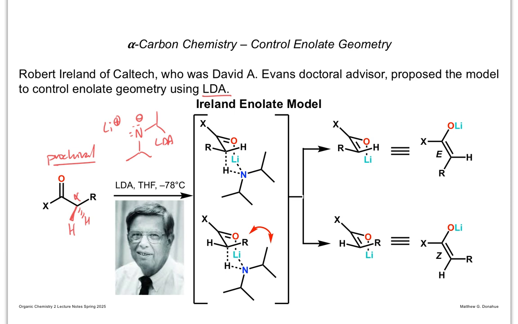Notice the displacement of the R group, whether it's that hydrogen or, if we rotate, the other hydrogen. The hydrogen that gets abstracted is one that is axial in that chair transition state. That's because it better aligns with the pi star orbital of the carbonyl.